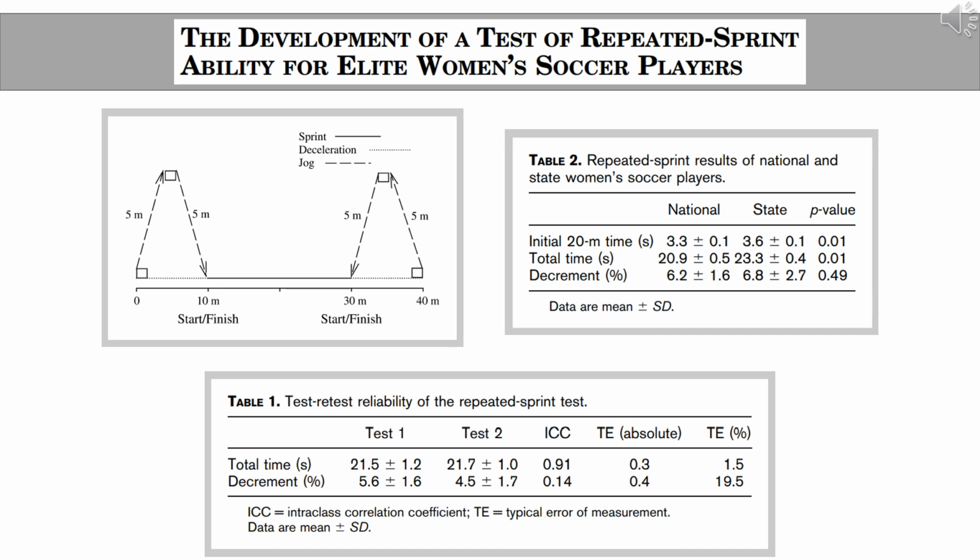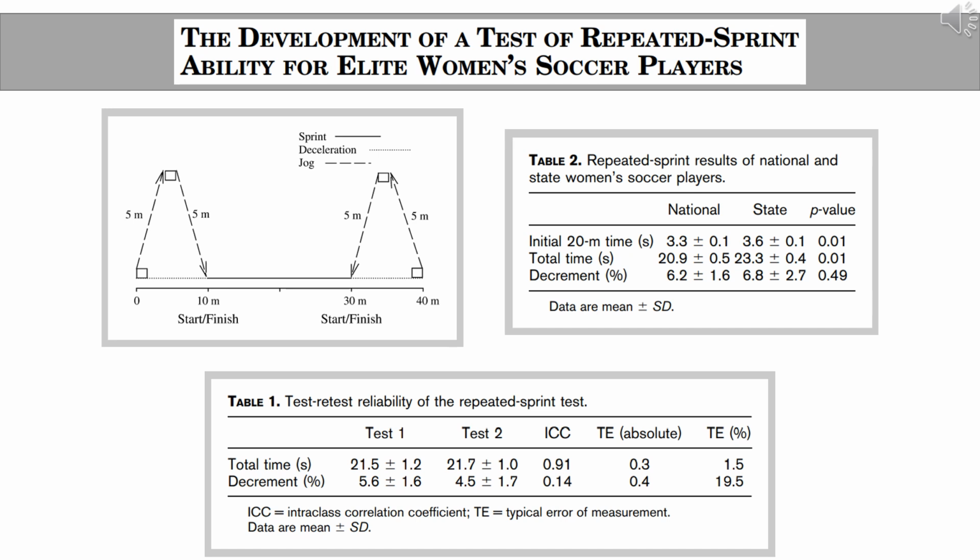So we've got a very simple repeated sprint design. It's got an ability to discriminate between playing levels. And then lastly, if we look at the reliability here, looking at test 1 versus test 2, we see between session reliability for total time and the percentage decrement and typical error, okay, which is expressed as a percentage.